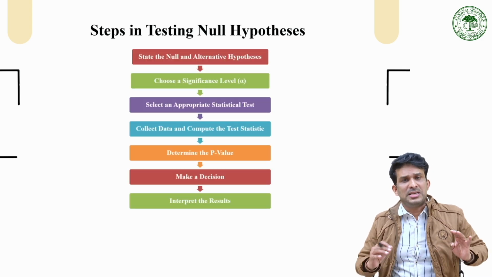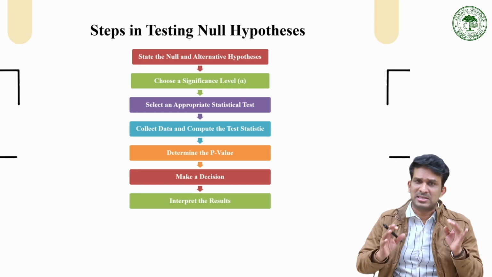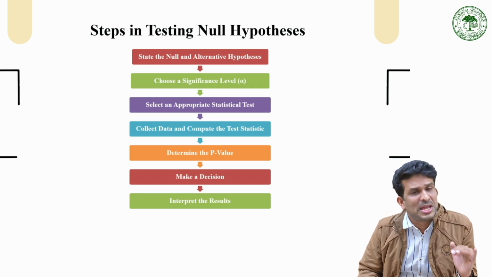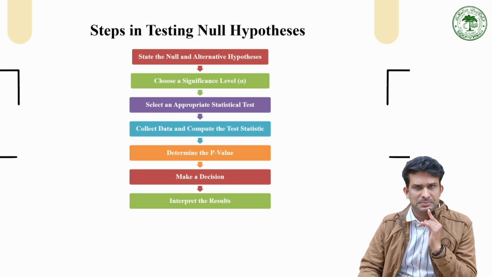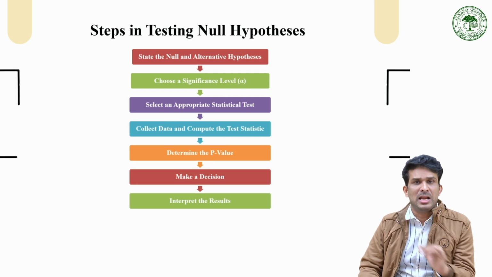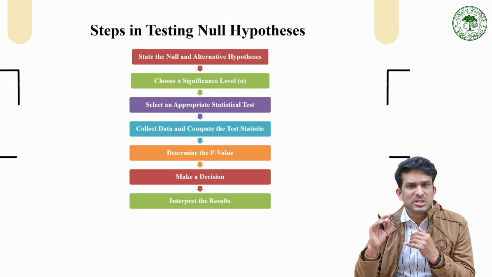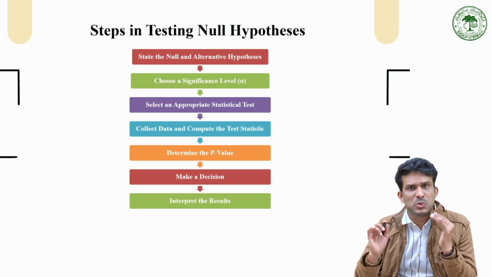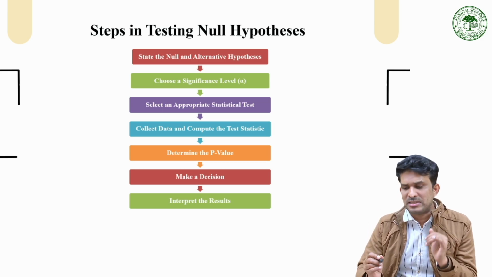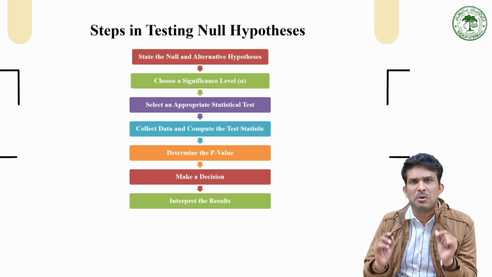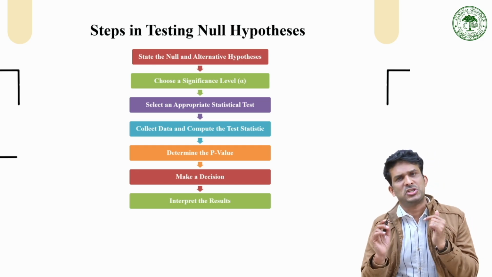Now see, the testing of hypothesis as a system, what are the stages involved in it? Steps in testing the null hypothesis. First, you have to state the hypothesis, whatever hypothesis you have. For example, there is a difference between boys and girls in their emotional maturity.